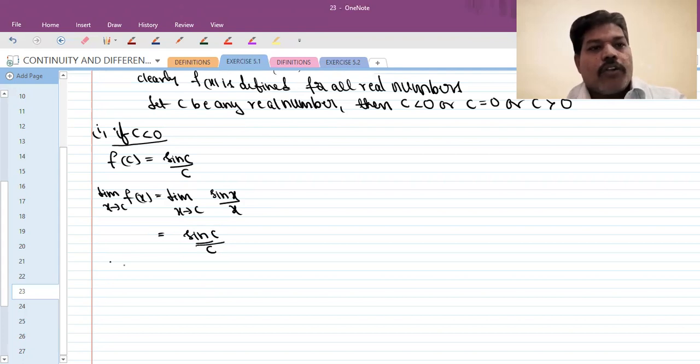Therefore we can conclude that the limit as x tends to c of f of x is equal to f of c.